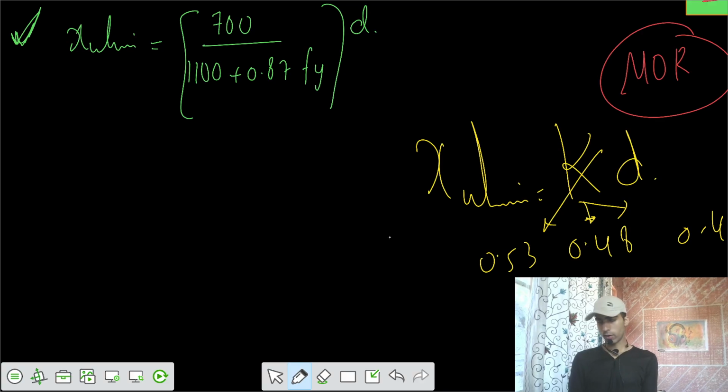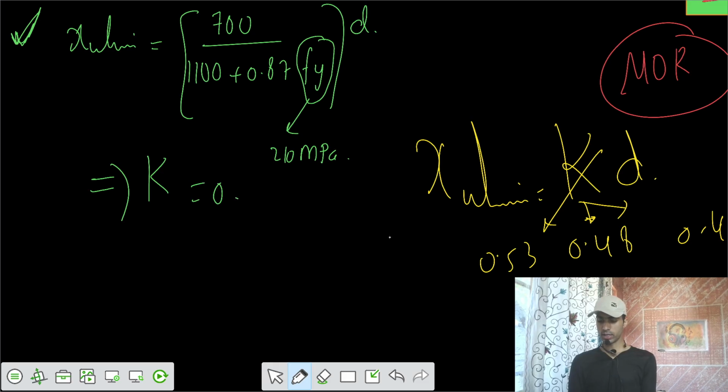Now we substitute the value of Fy as 210 megapascals, and once you solve it, you would get k equals 0.546.